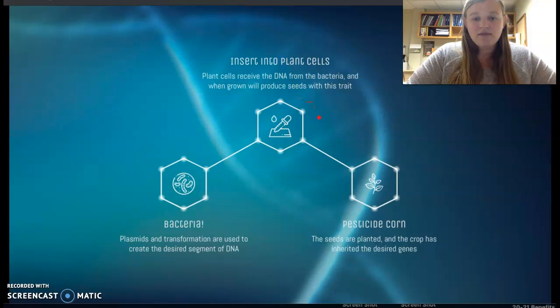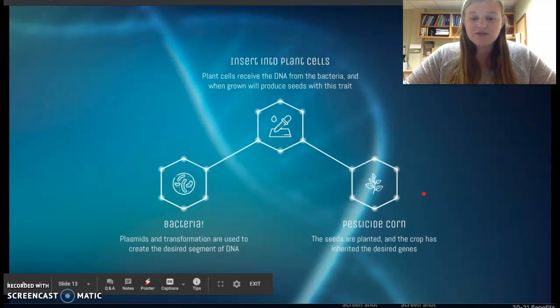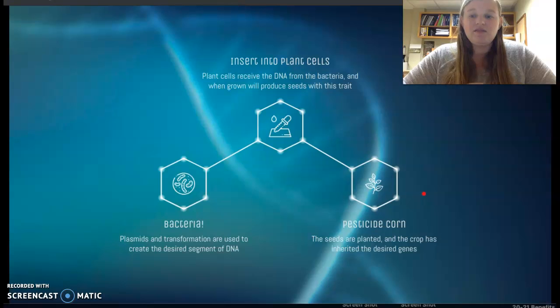When those plant cells that we're growing in vitro, in a petri dish, grow up, they will produce seeds that have inherited that trait. When we plant those seeds, we will get corn that actually produces its own pesticides. The crops have inherited the desired genes, and when they grow up, they will be pesticidal all on their own.